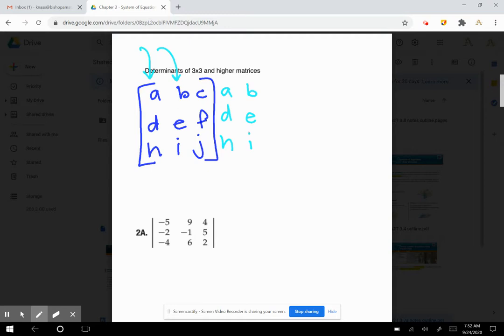Once you do that, then you're going to go in with the main diagonal. The main diagonal is up here at the top left. So A times E times J. You're going to multiply those numbers together, and these numbers together, and these numbers together. So again, we're multiplying 3 of them together.